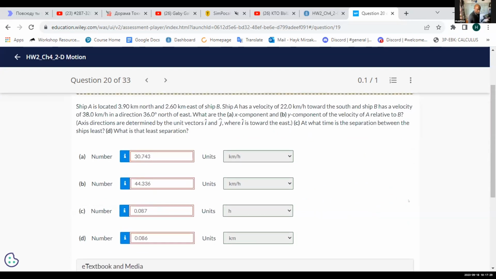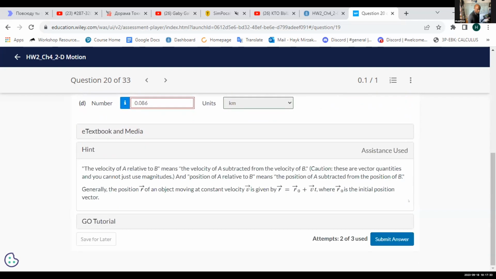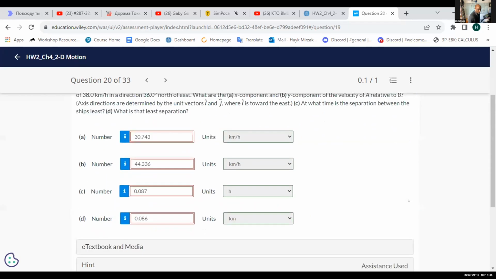Okay. So let's look at the solution. So it's marking them wrong. Okay. Look at the solution. Okay. I'm going to stop the screen share.